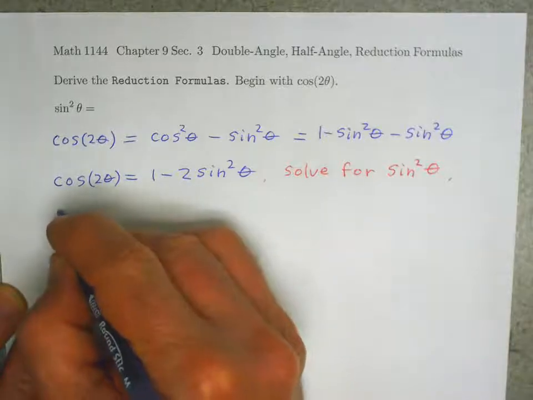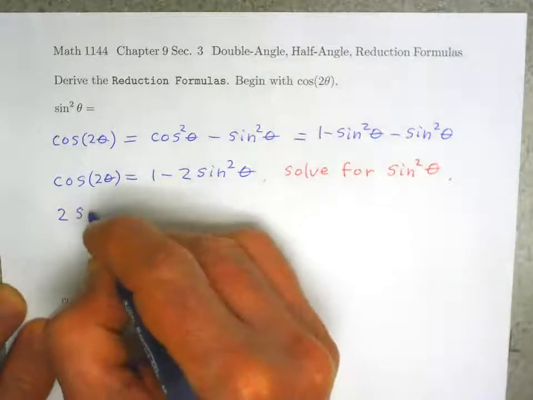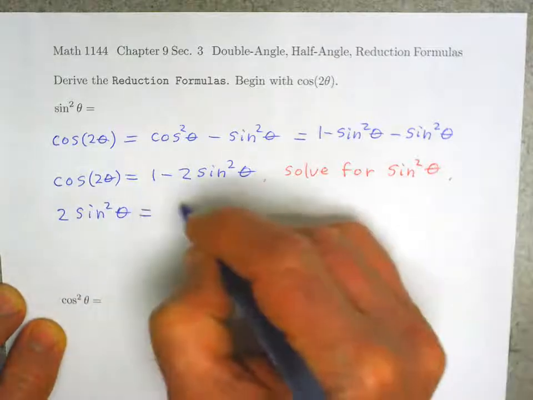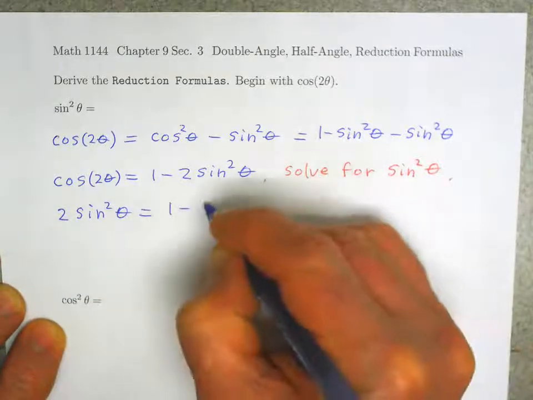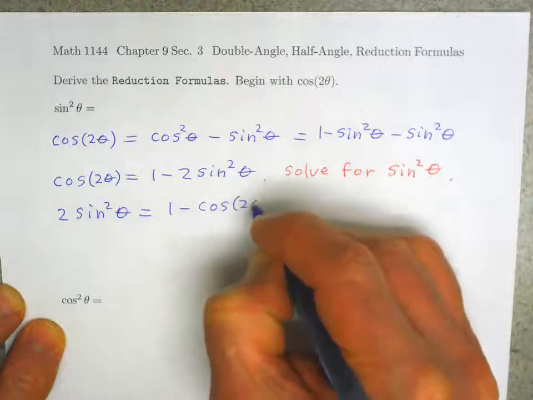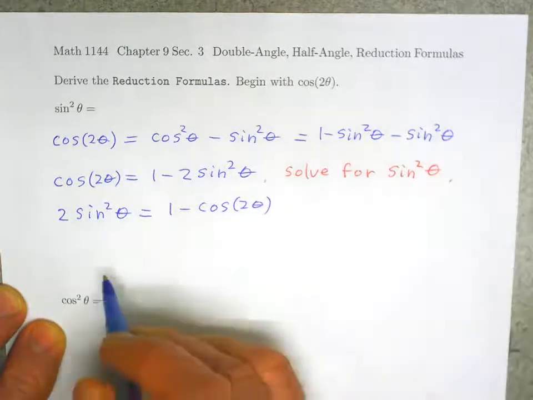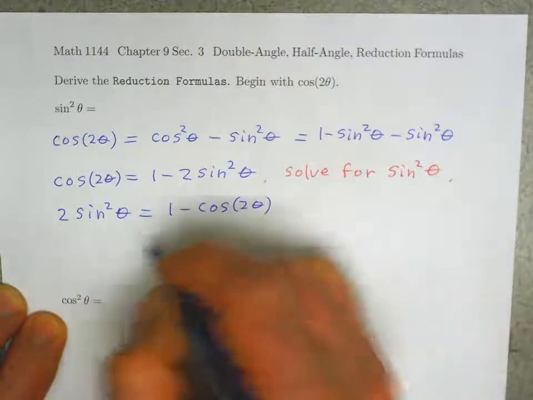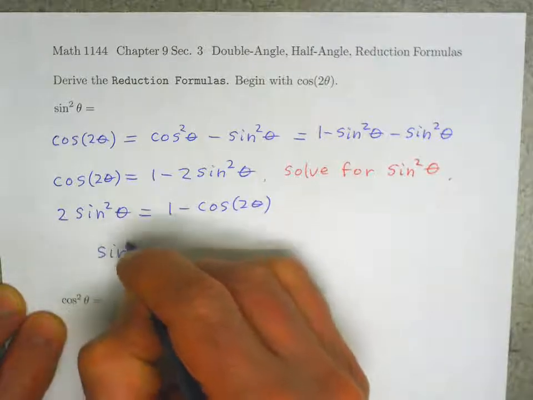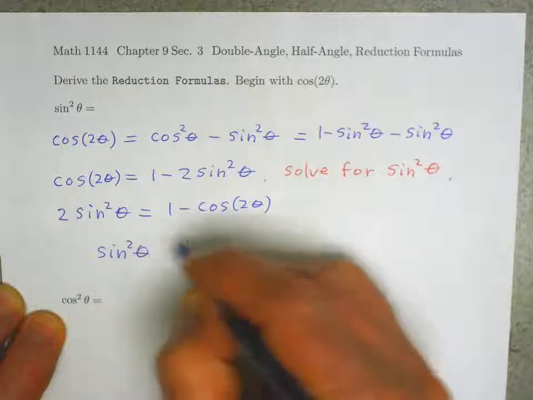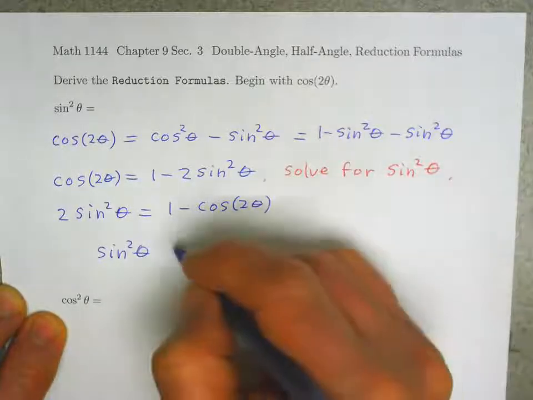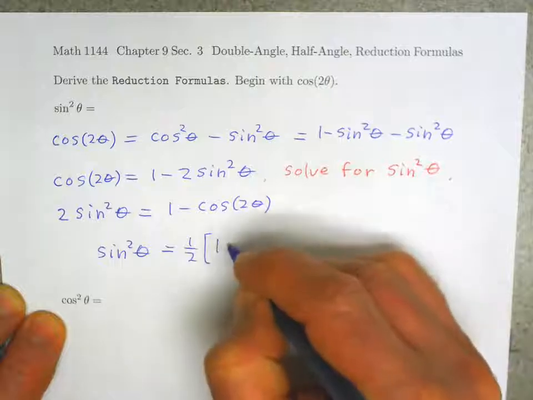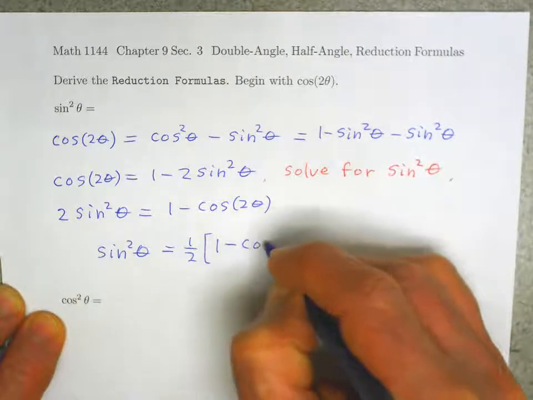So when we do that, we get 2 times sine of theta squared on the left-hand side, and on the right-hand side, 1 minus cosine of 2 theta. And then lastly, divide both sides by 2, or equivalently, multiply both sides by 1/2. So sine of theta squared is 1/2 times the quantity 1 minus cosine of 2 theta.